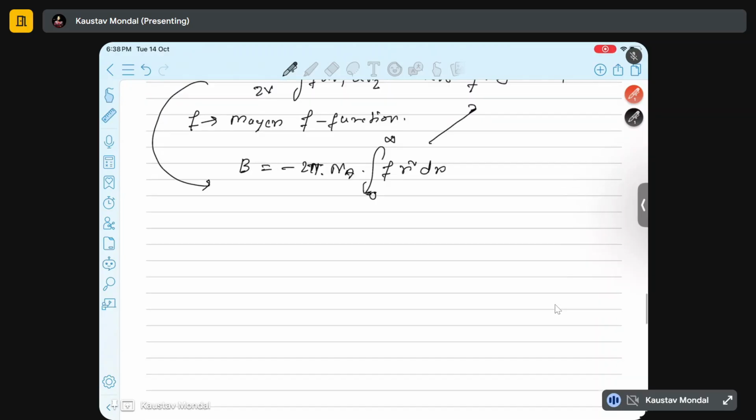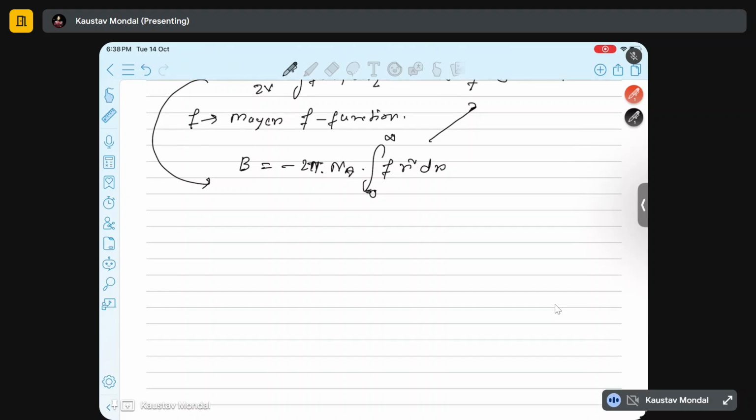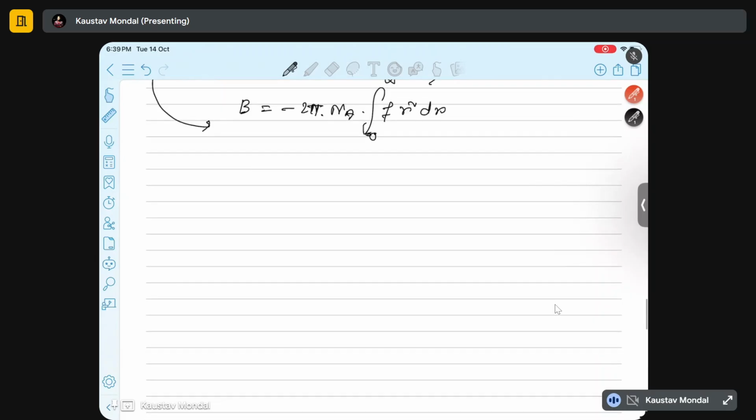So for the time being, let's consider a potential that is known as the hard sphere potential. The idea of this hard sphere potential is like this. Let's suppose these two are the hard spheres. The minimum distance the spheres can come close to each other is their total diameter.